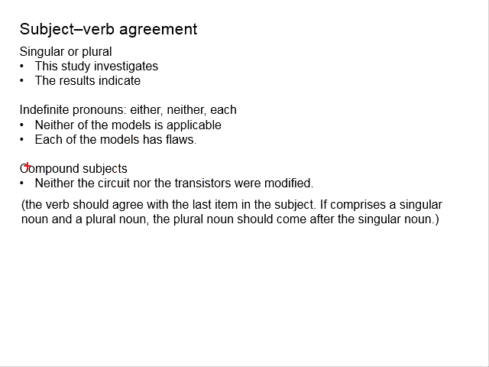Therefore, this sentence, neither the circuit nor the transistors were modified, is correct. The verb follows the plural, which is the second subject, and when you arrange the nouns together, you put the singular first, followed by the plural.